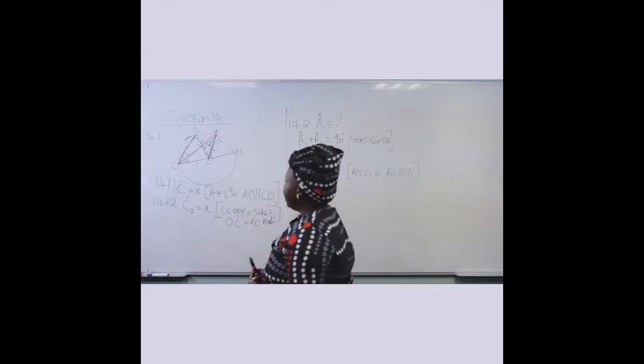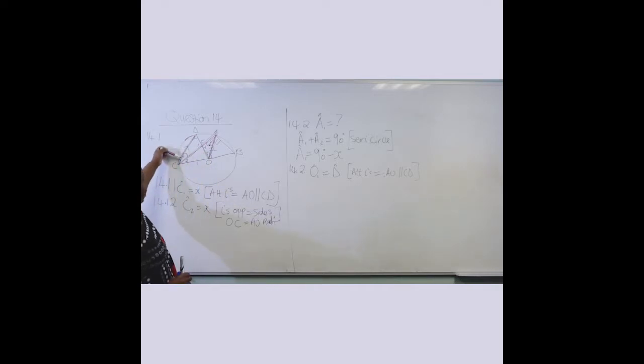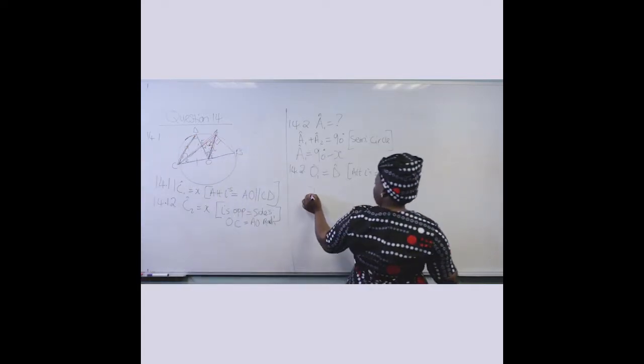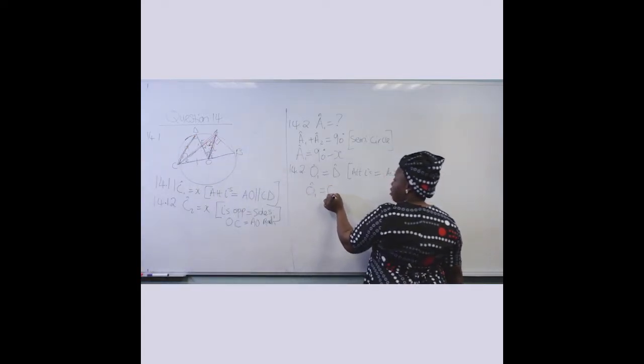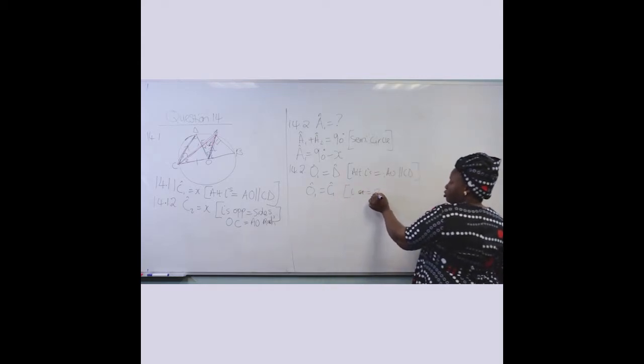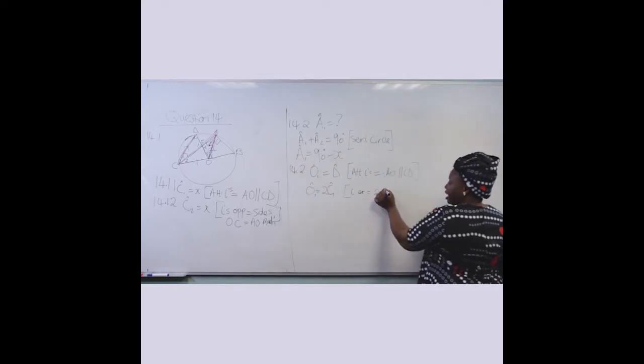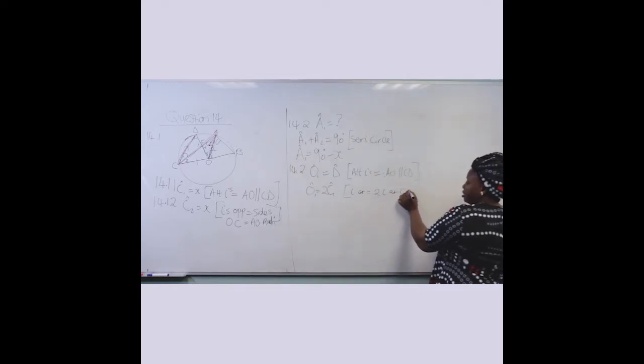Let's look again on the other one. Remember, angle D, angle O1 and angle C1. Yes, angle O1 and angle C1, they are the same as well. So O1 is equals to 2 angle C1 because of the angle at center equals to twice angle at circumference.